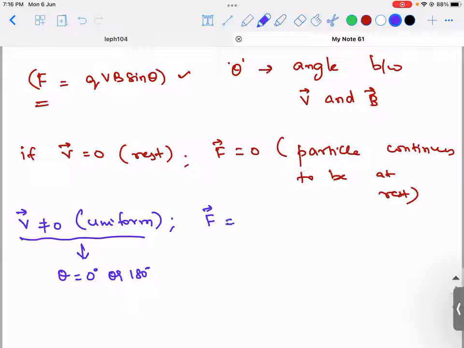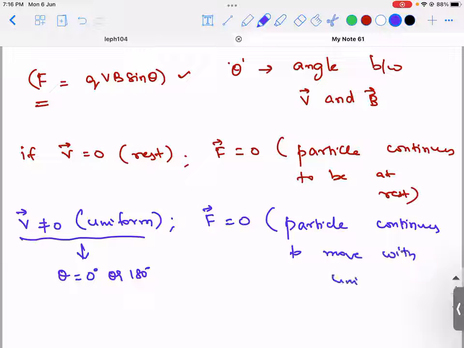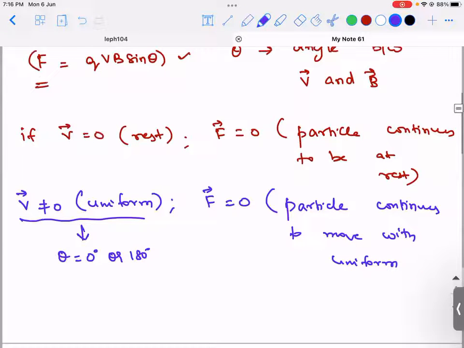The force on the particle in this scenario also would have been 0, but in this case, the particle continues to move with uniform velocity. When force is 0, the object will not accelerate. Right? Particle continues to move with uniform velocity. Right?